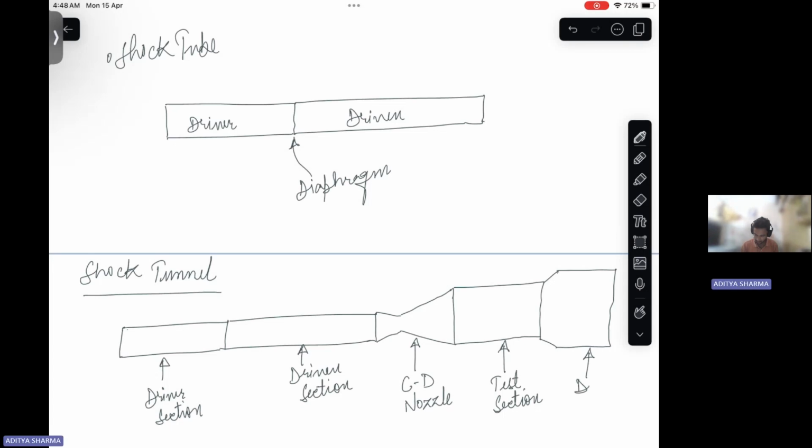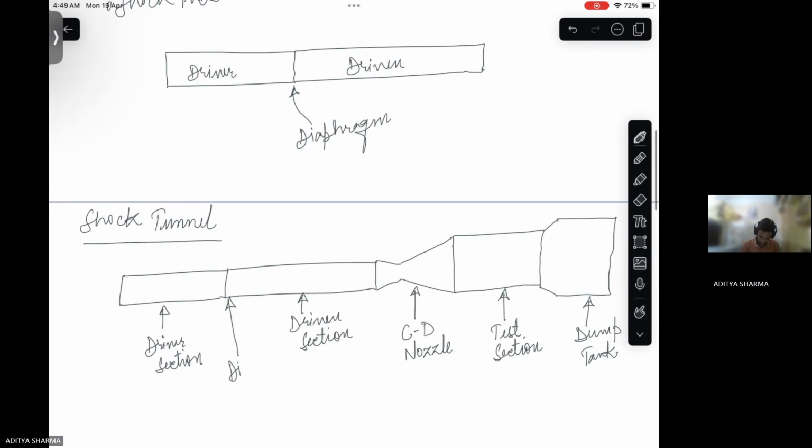And this is our dump tank. So there are two diaphragms used in a shock tunnel. One is here, and then the second one used is here. This is diaphragm one. This is diaphragm two.